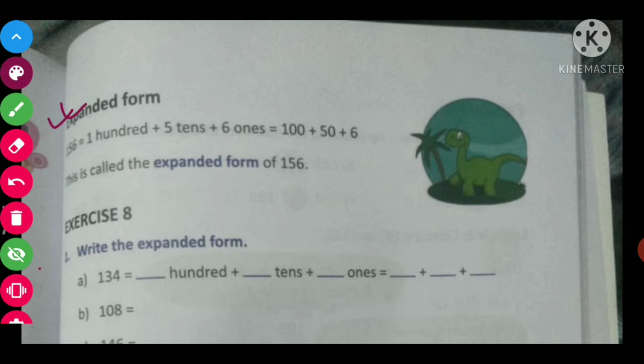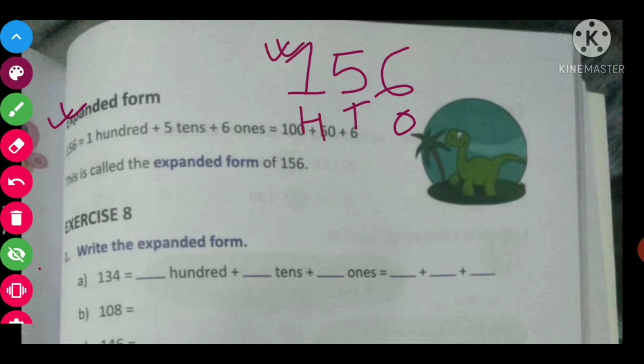One number is given, that is 156, and you have to write it in expanded form, in words and in numbers. First of all, we will see the place value of each digit. So this one is ones, tens, hundreds.